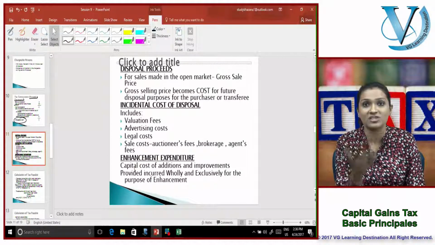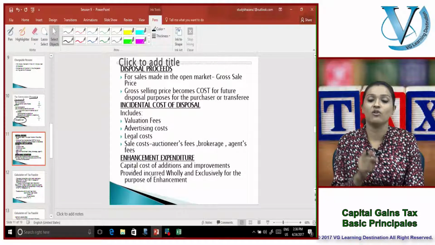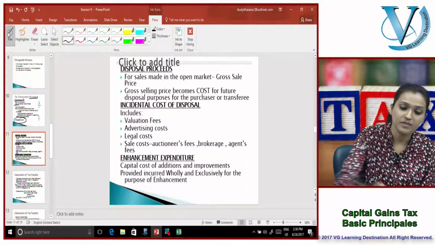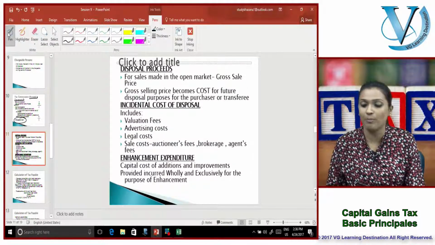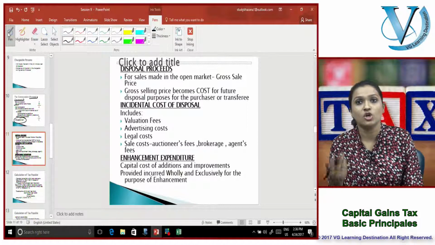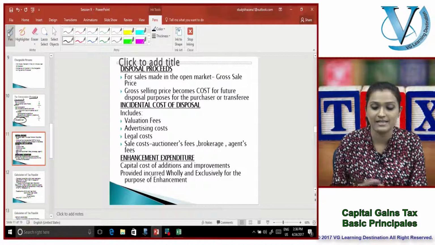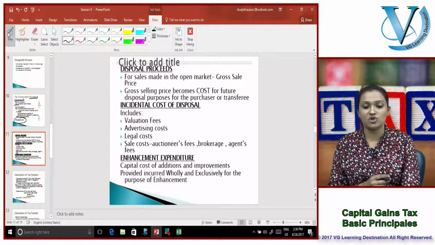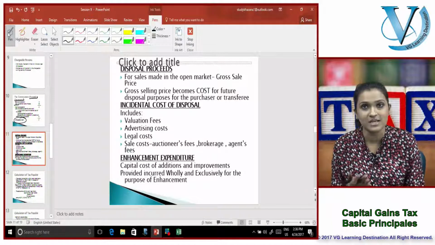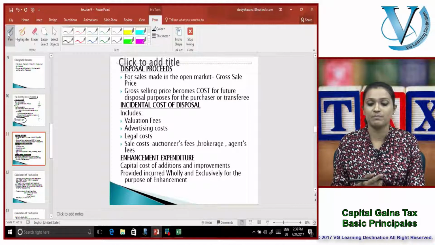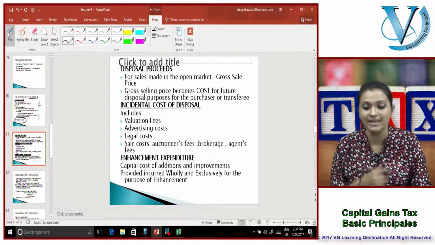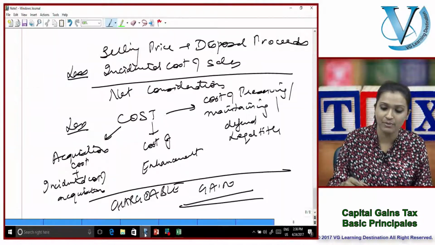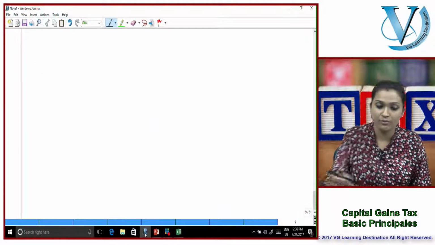This is how much you've actually received by the sale of the asset. So for sales made in the open market value, you're going to take the gross selling price of the particular asset. What happens when this gross selling price becomes the cost for the future disposal purposes for the purchaser or the transferee? Very, very simple. Let me just show it to you.